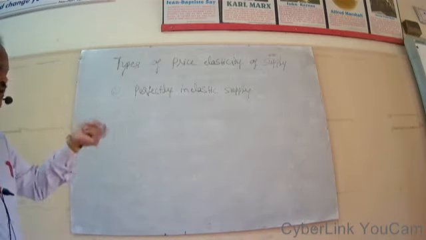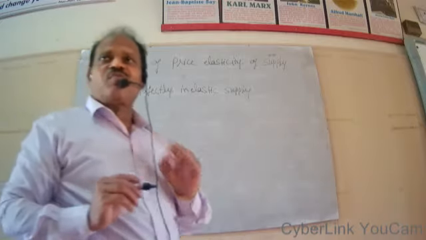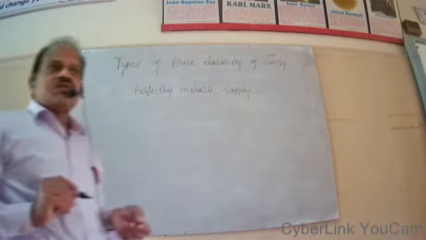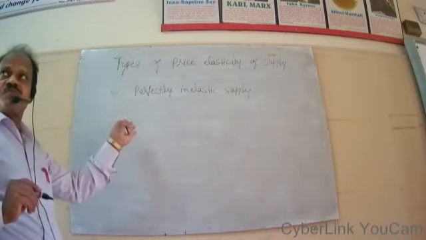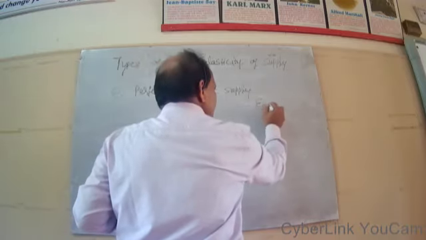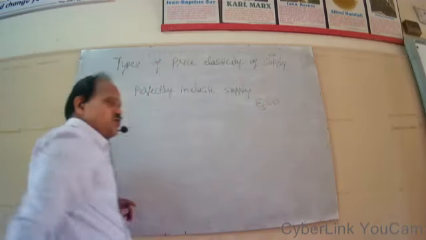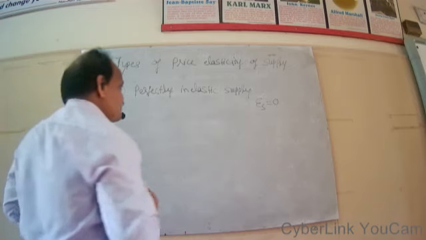It means supply is not at all responsive to the changes in the level of price. Supply will lose its elasticity completely. There will be no elasticity, no changes in quantity supplied. Therefore, the value of ES will be equal to 0 in this case, because supply will lose its elasticity completely.